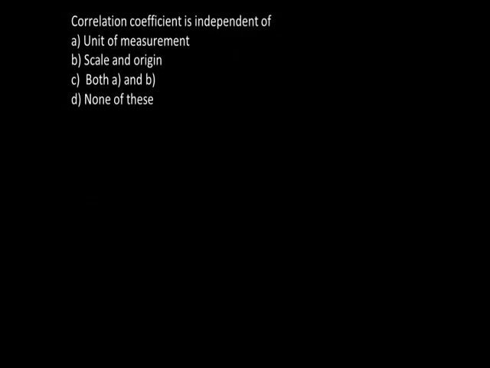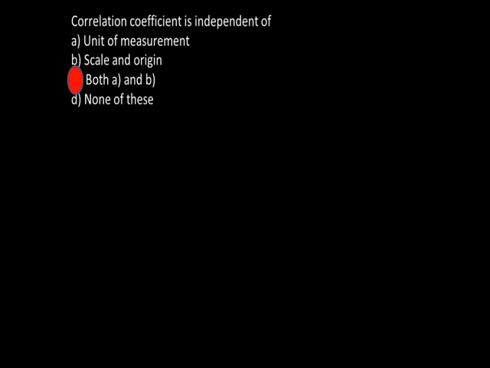The next question is: correlation coefficient is independent of what? I have already told you regarding the regression coefficient. Regression coefficient is independent of origin, but not of scale. But the correlation coefficient is independent of both scale and origin, as well as the unit of measurement. It is a unitless quantity, it has no unit.